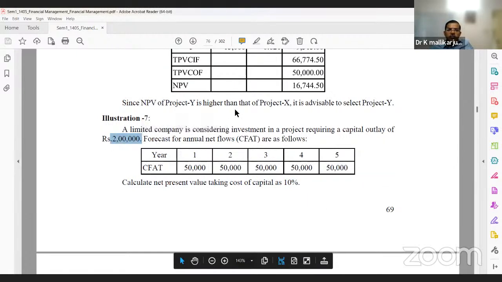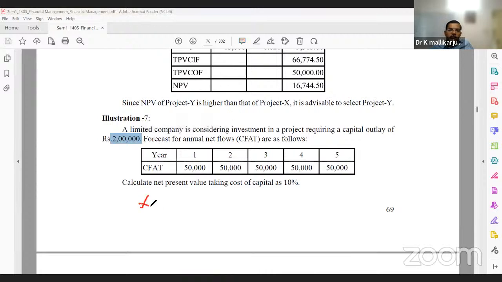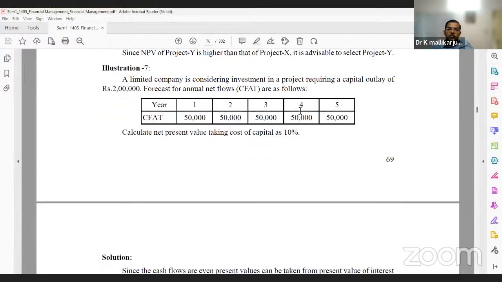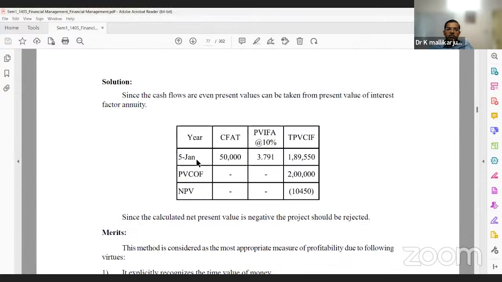Very simple. In the first column you write year 1, 2, 3, 4, 5. Now the cash flows are 50,000, 50,000, 50,000, 50,000. The cash flows are similar, so the cash flows do not change. With similar cash flows, we can simply calculate 50,000 into the 10% cumulative value, 3.791.